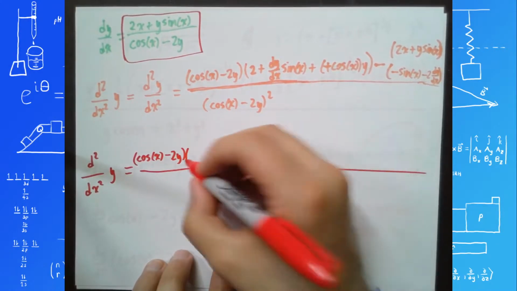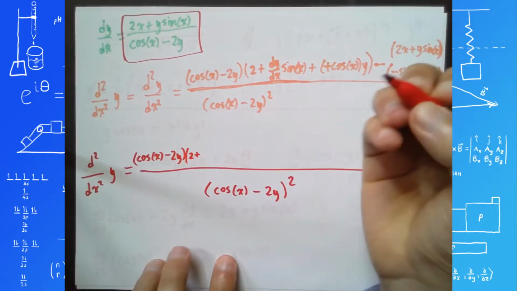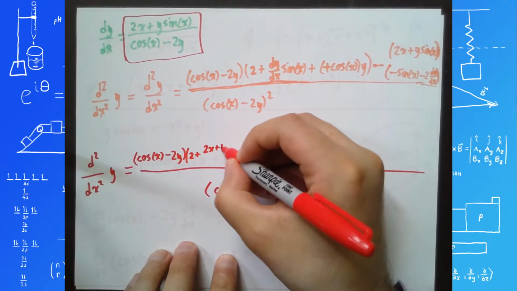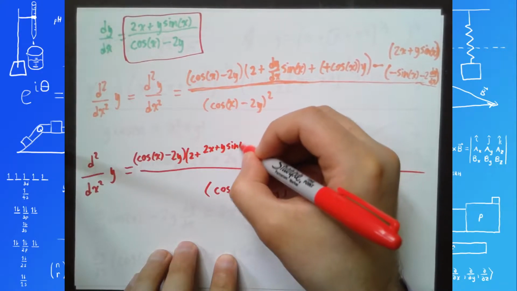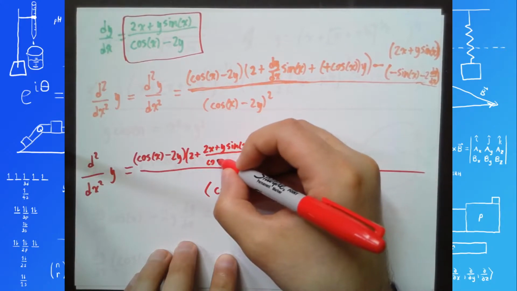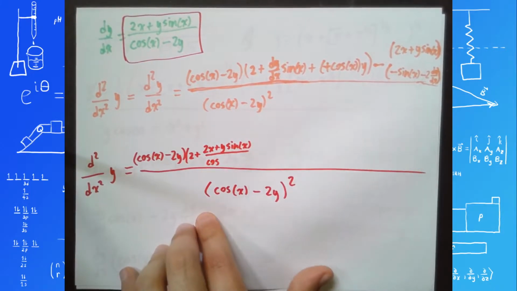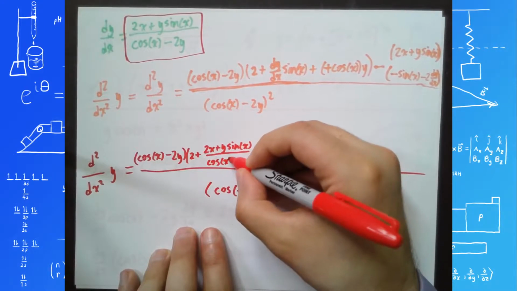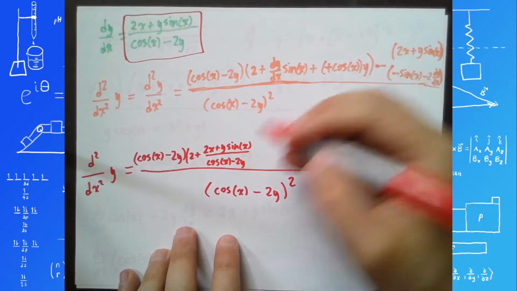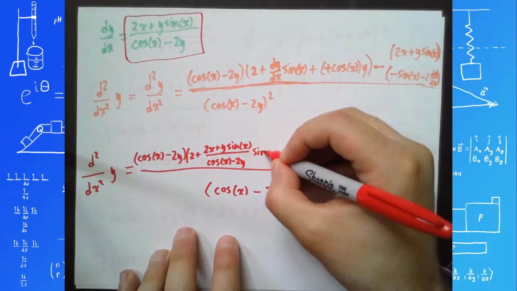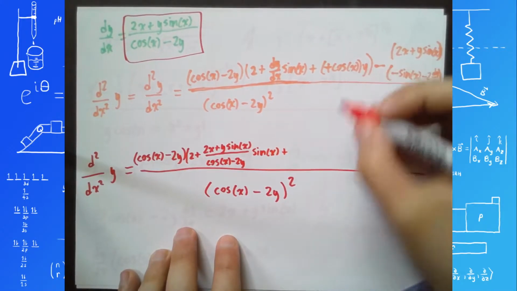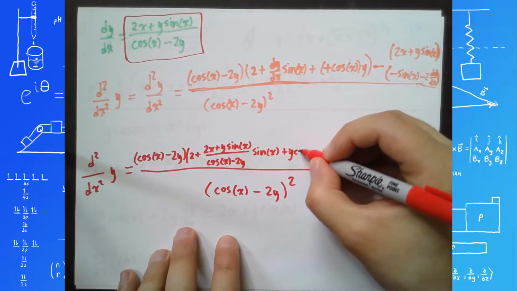Maybe I should write smaller just to be on the safe side. 2x plus y sine of x over cosine of x minus 2y times sine of x plus, that's just going to be y cosine of x.